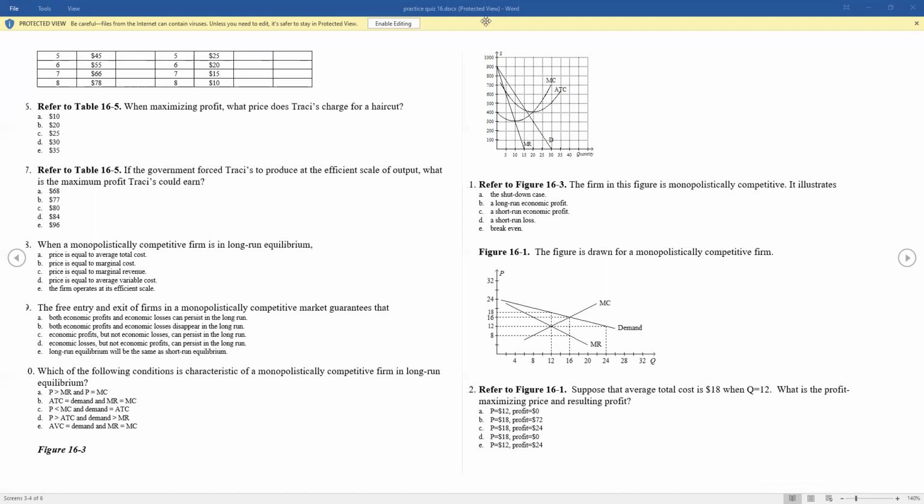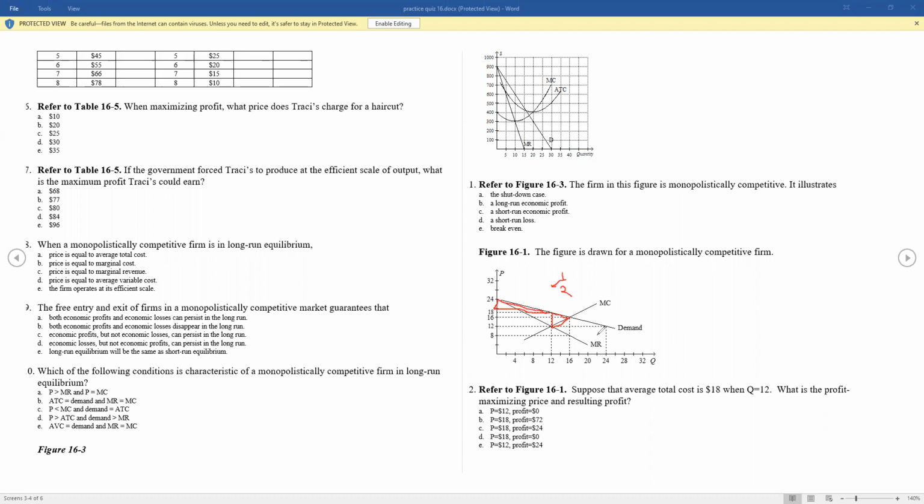Now, here's one where I think they could ask you to figure out a lot of things. Here is the deadweight loss, which is a triangle. Just remember, to figure out the area of a triangle, it's one half times base times height. They could also ask about consumer surplus. MC equals MR, so consumer surplus would be above the price and below demand.